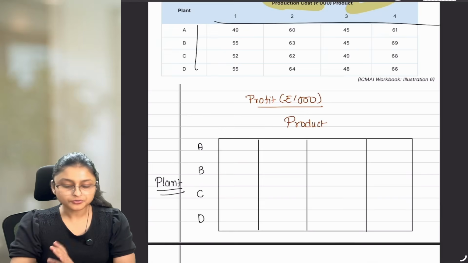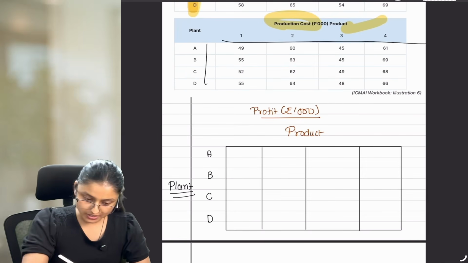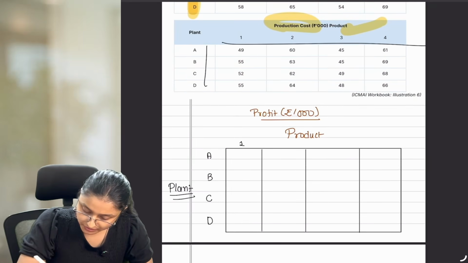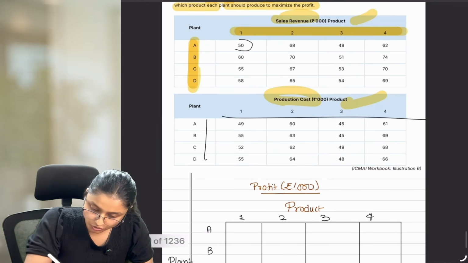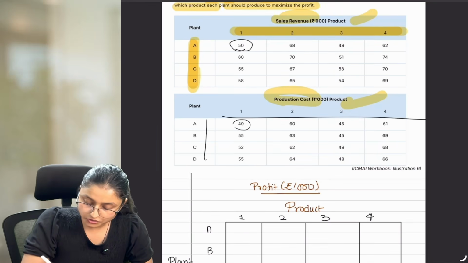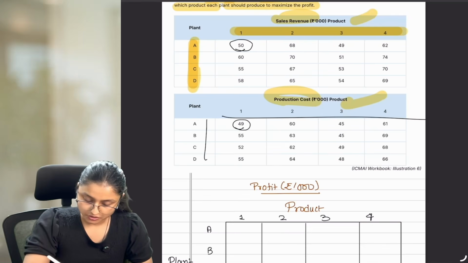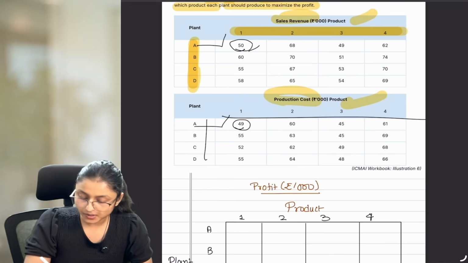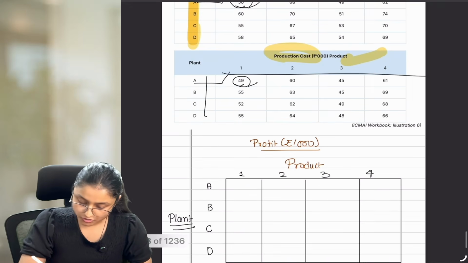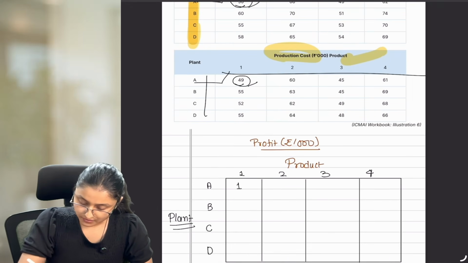Now to calculate profit of every element in this table, how to do that? You already know the revenue, which is 50. You already know the cost of that particular element, that is 49. So for plant A product 1, 50 is the revenue and 49 is the cost. So your profit is 1 and it is in thousands.